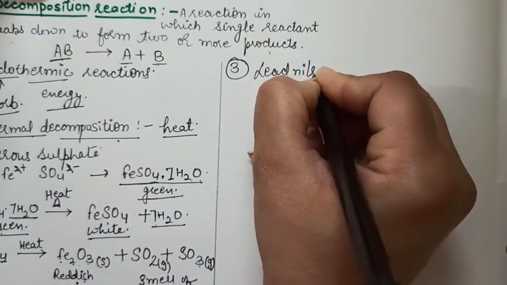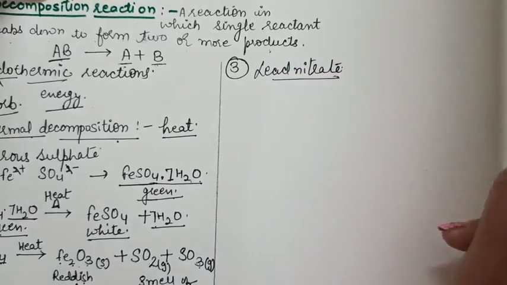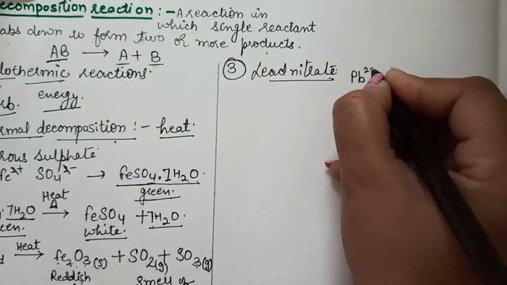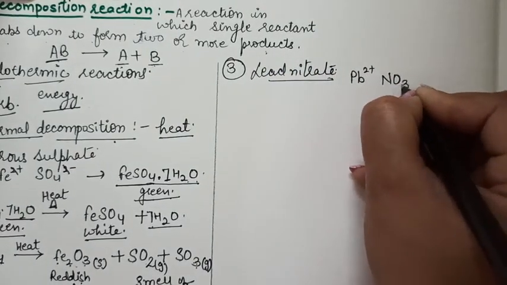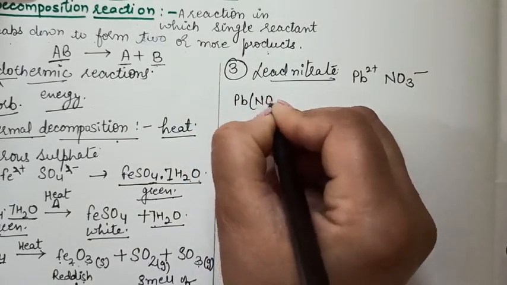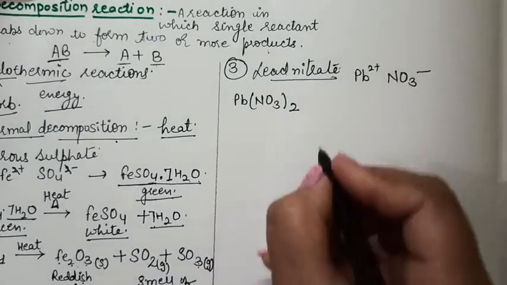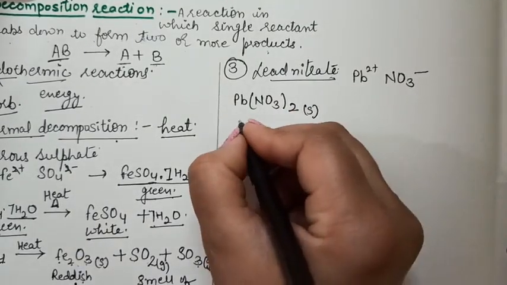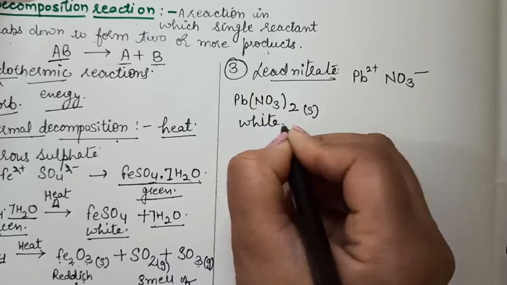Lead Pb2+, nitrate NO3-. Crisscross it, Pb(NO3)2. This is a white powder.